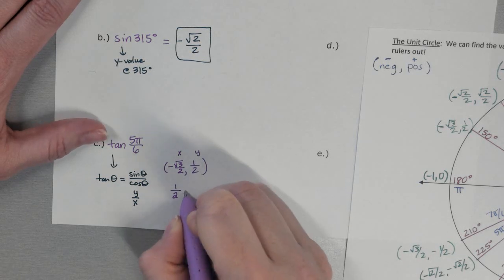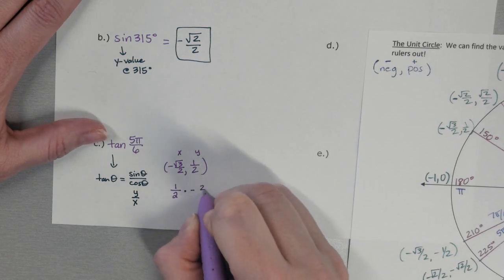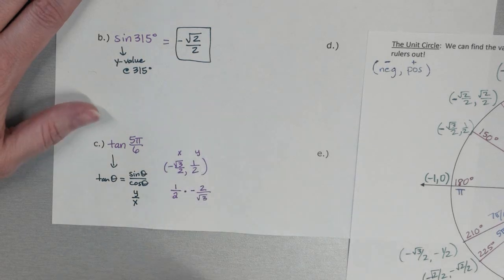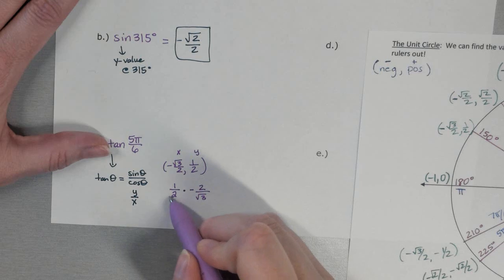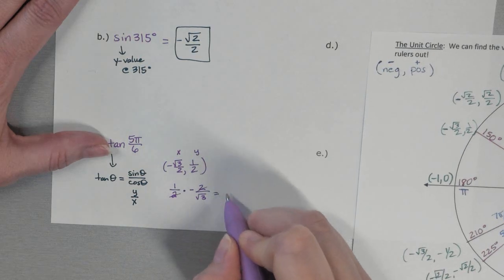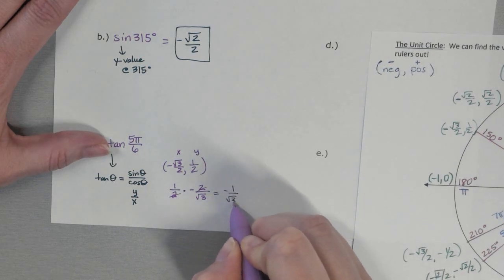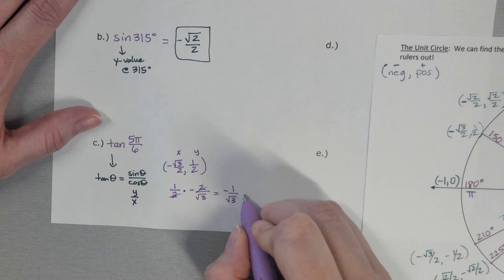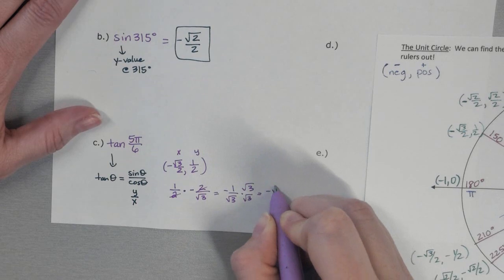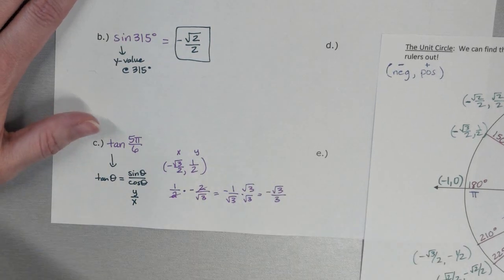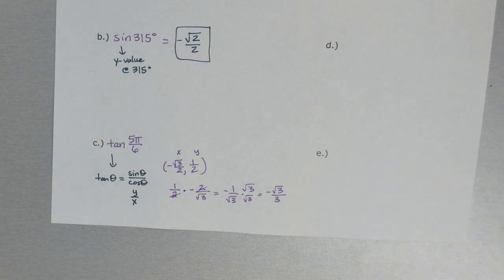So times negative 2 over root 3. Dividing is like multiplying by the reciprocal. So the 2's cancel. You have negative 1 over root 3. What is that going to simplify to? Yep. And that is your final answer.